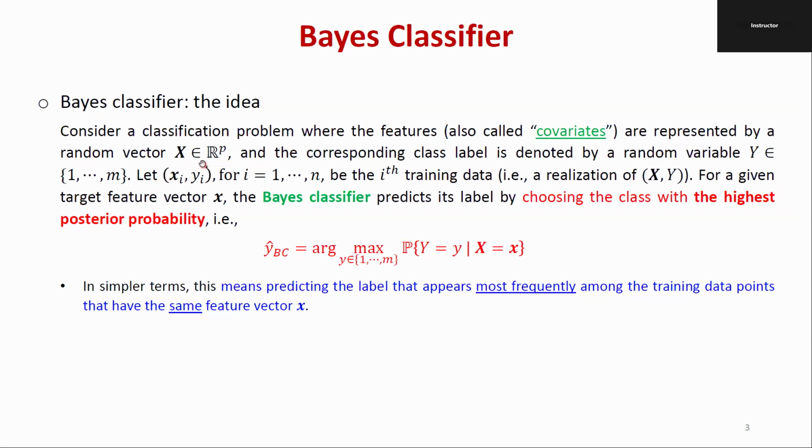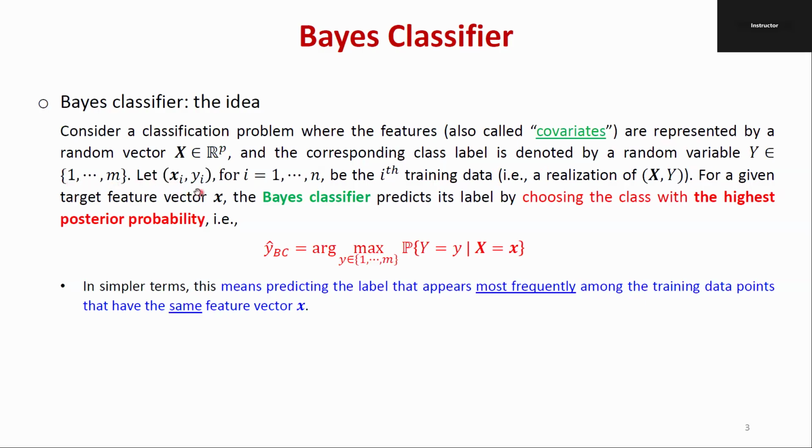For notation consistency, we use the same notation p, meaning the feature vector x always has p elements, p features. X is in R^p, and the corresponding class label is denoted by a random variable y. Again using the same notation, we assume it has m classes, so the label is from 1 to m.